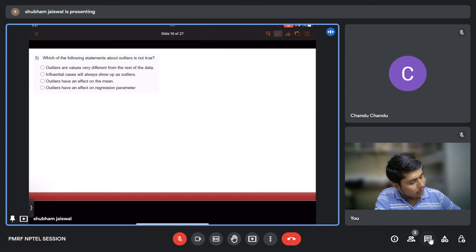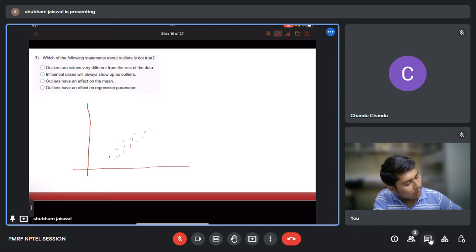For your simplification, I will draw one plot, and from that you can easily apply all these points and check which is not true. So this is the data. Now cross check all these points with this graph and tell me the answer.